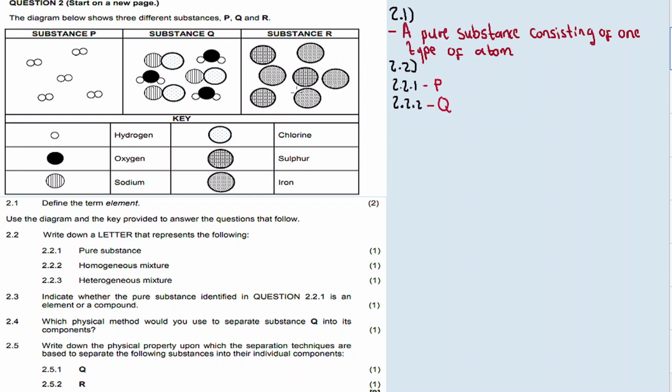So a homogeneous mixture is a mixture where the substances mix up, and one of the substances dissolves in the solvent to become one with the solvent. As I explained with sodium chloride and water, the sodium chloride dissolves and becomes part of the water, and you cannot distinguish between the sodium chloride and the water.